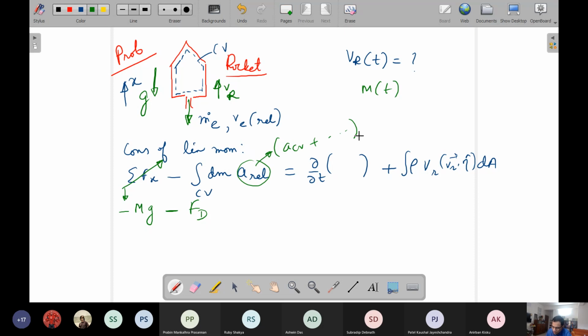So if you see those additional terms in this correction of the Reynolds transport theorem, you will see this one. I'm just writing it separately so that you will realize that those terms are not important here.